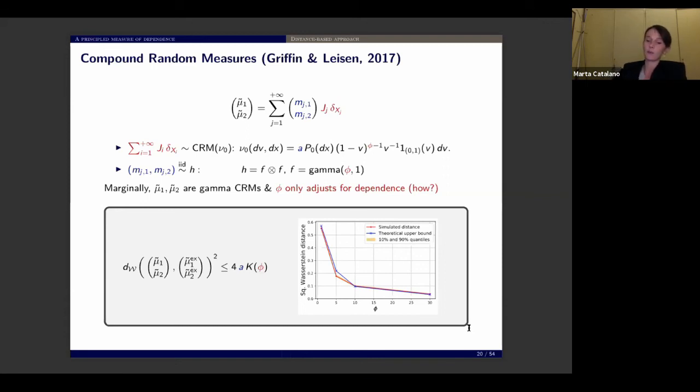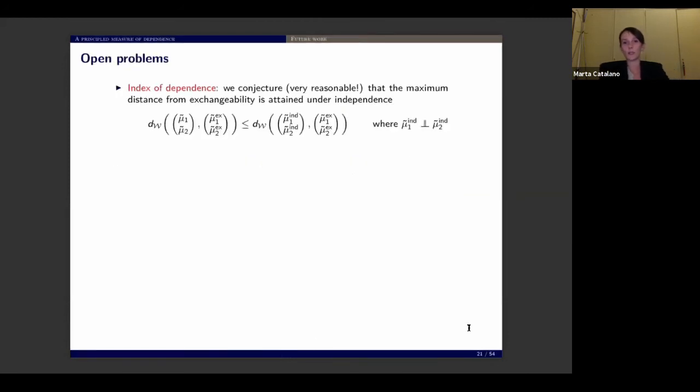Then you'll hear another example on additive structures further on. But now I would just like to end with a slide on some open problems that we are facing right now. So first of all, I would like to focus your attention on the fact that we measure dependence as distance from exchangeability.